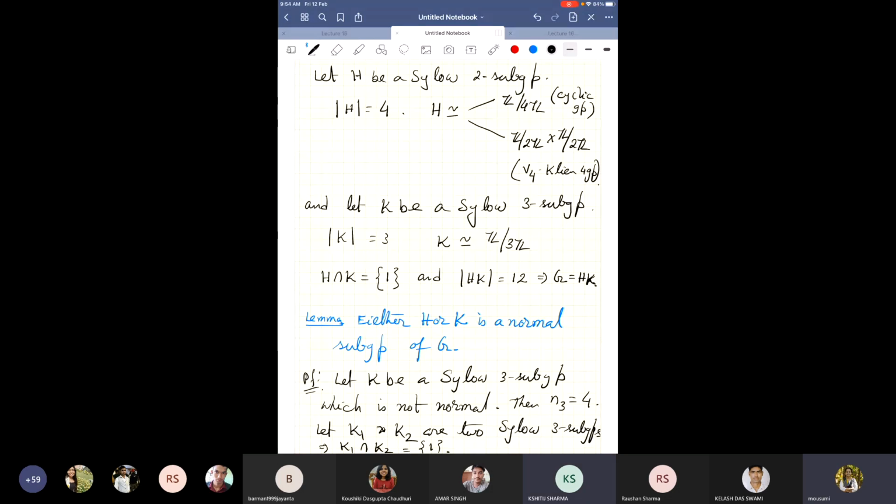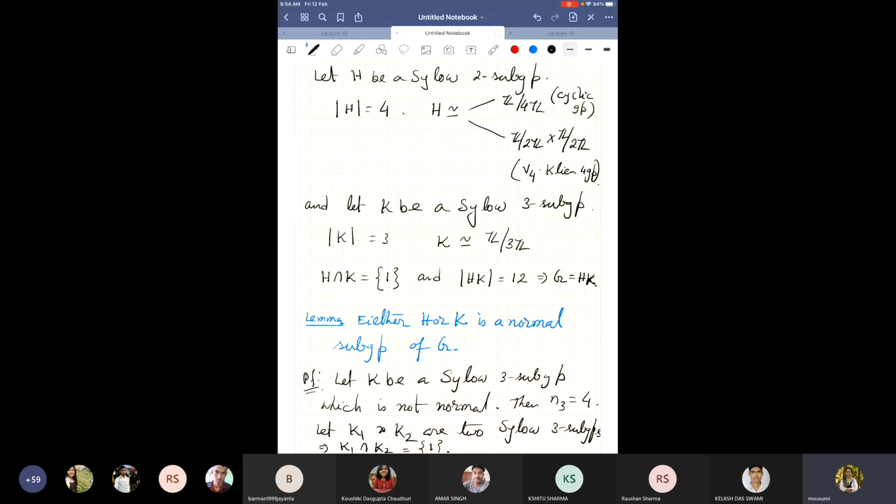Because in each Sylow 3 subgroup there are 2 elements of order 3 and there are 4 Sylow 3 subgroups and they intersect trivially. Therefore, there will be a total of 8 elements of order 3.